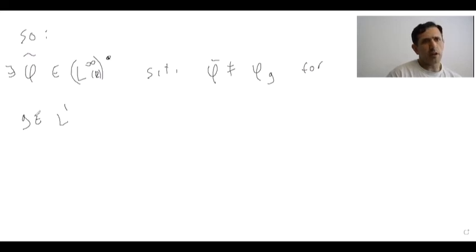And really, g is not going to be in any Lp. That's pretty trivial because you can use the dominated convergence theorem if g is in any Lp whatsoever, because fn is 0 away from minus 1 to 1. And typical of the Hahn-Banach theorem, you don't know what this phi tilde is. You do not know what this bounded linear functional is that is not given by an L1 function. You just know by the Hahn-Banach theorem that it must exist.